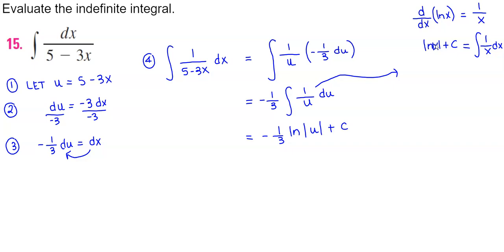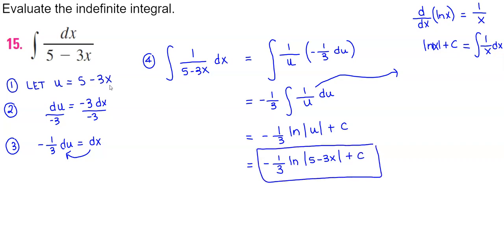Okay, and so now, what is the answer? Well, now we just need to substitute back in what u represents. So this is going to become negative 1/3 times the natural log of the absolute value of what u represented, which is 5 minus 3x, plus c. And there is your result.